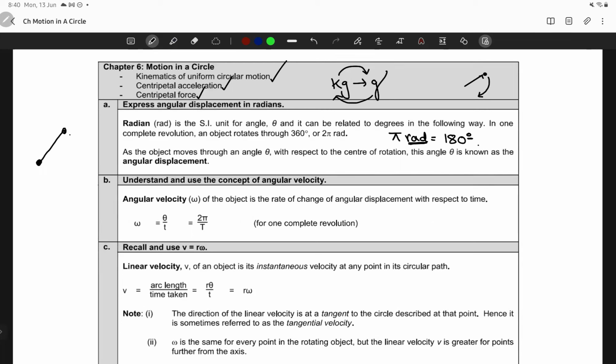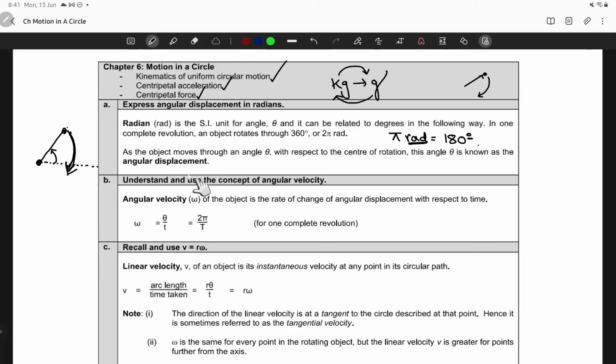Suppose this is your reference line, and you measure the angle from this reference line. Whatever distance this moves in this direction, you can measure the angle from the reference line, and that would be the angular displacement of this ball, or particle, that is moving. That's how angular displacement is defined.